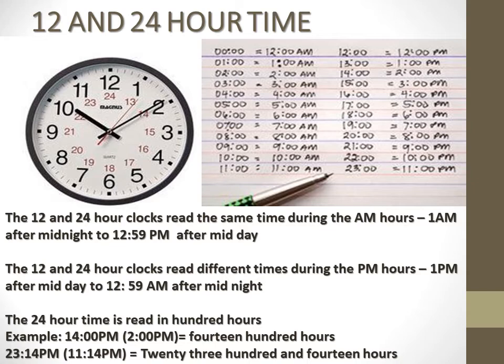Okay, so that completes the 24 hours of the day. But in reading the 12 and 24-hour time, you must note that the 24-hour time starts counting only during the PM hours. Okay, so that means 12 and 24-hour clocks read different time during the PM hours.